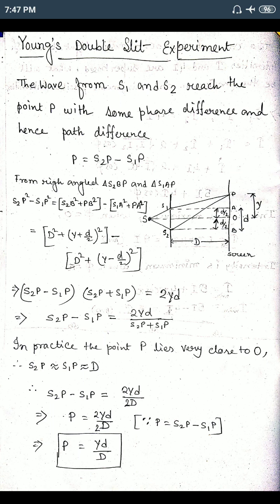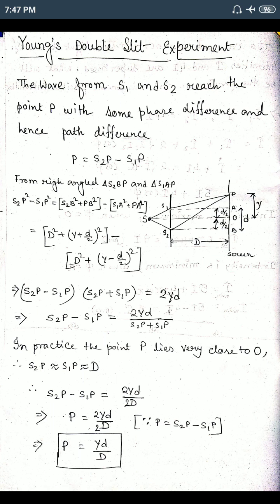Keep this in your mind: S1 and S2 are separated by a small distance d, and the distance between the screen and the slits is capital D. We consider a point P on the screen at a distance y from the center O, and the nature of the interference at point P depends on the path difference, that is S2P minus S1P. So we find the value of S2P minus S1P.